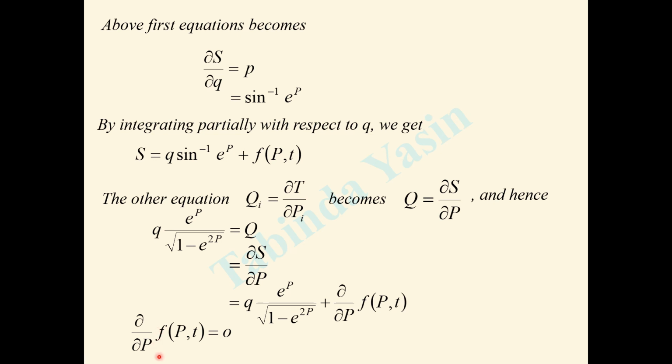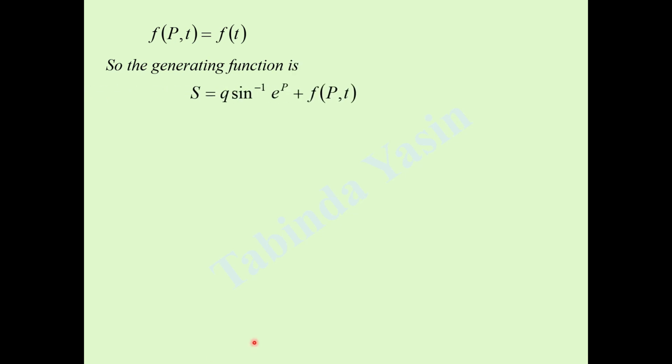As we know, partial over partial p of f of (p, t) is equal to 0, so f of (p, t) is equal to f of t. So the generating function is S is equal to q sine inverse of exponential p plus f of t, and neglecting the constant.